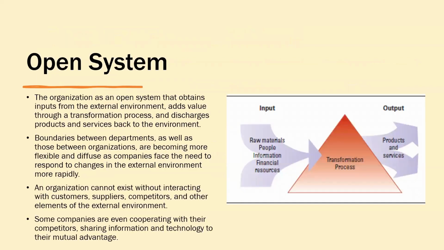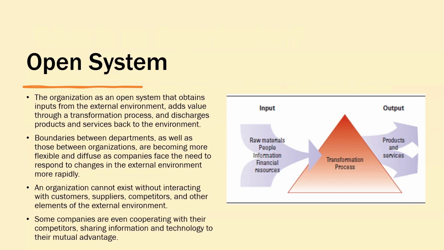An organization is what we would call an open system. What that means is that it obtains inputs from the external environment, adds value through a transformation process, and discharges products and services back to the environment. So what are some inputs? Raw materials, people, information, financial resources, etc. Those things go into the organization.